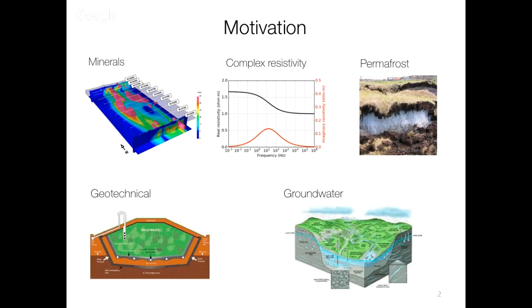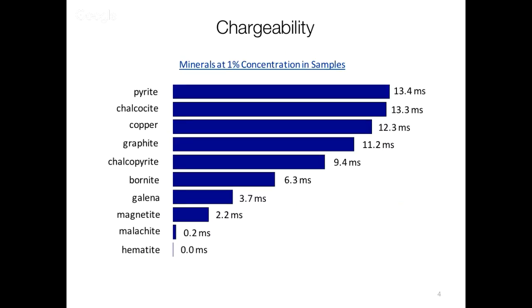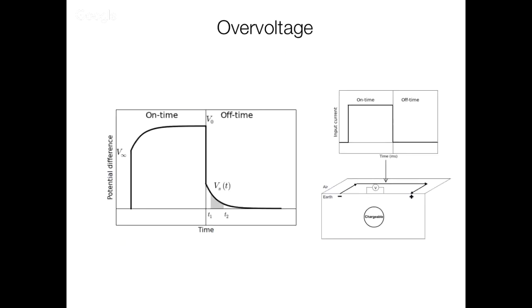If you saw this yesterday, that's basically what we're up against. So here's our conductivity, electrode, or membrane kind of polarization, just for understanding how things get charged up in different kinds of materials.